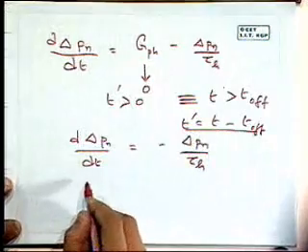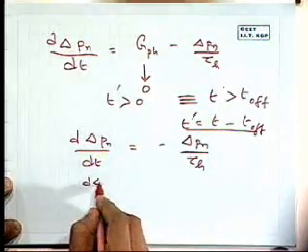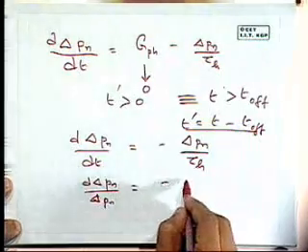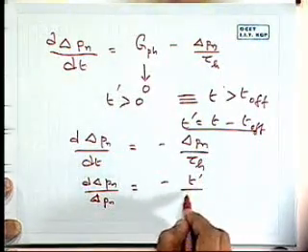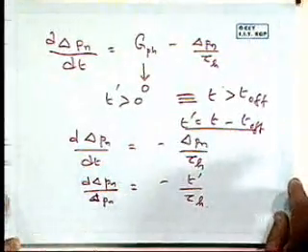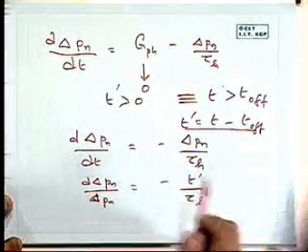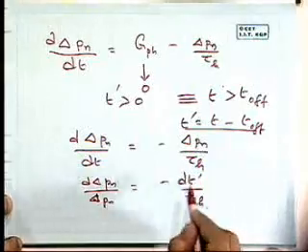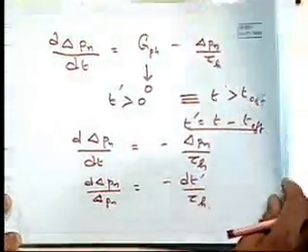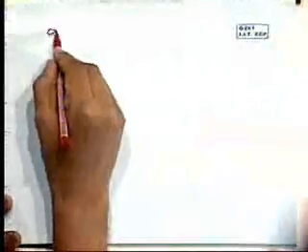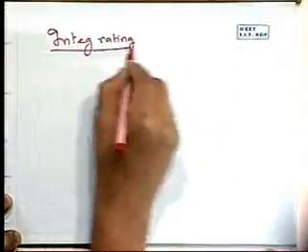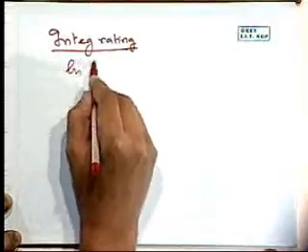When we do that, we get d delta Pn by delta Pn is equal to minus dt dash by tau H, which I can now integrate to arrive at a fresh equation for what is happening after the light is turned off.